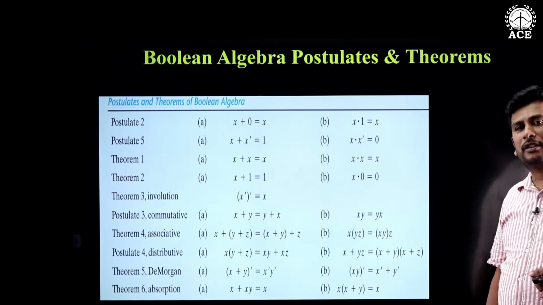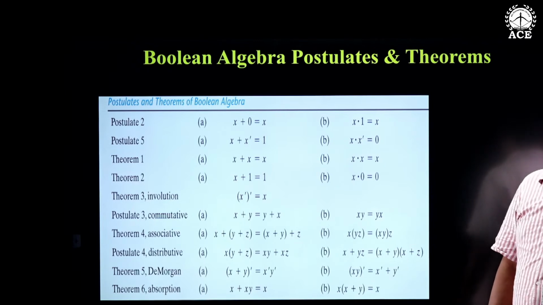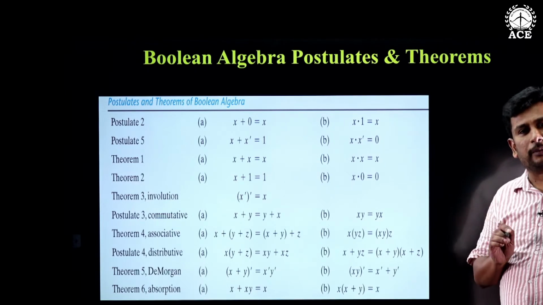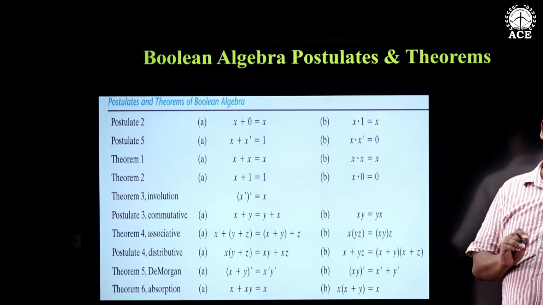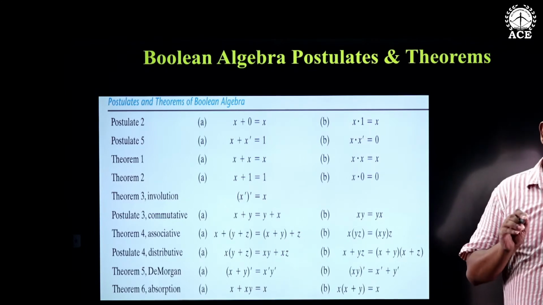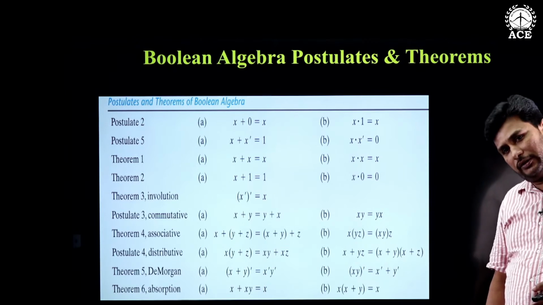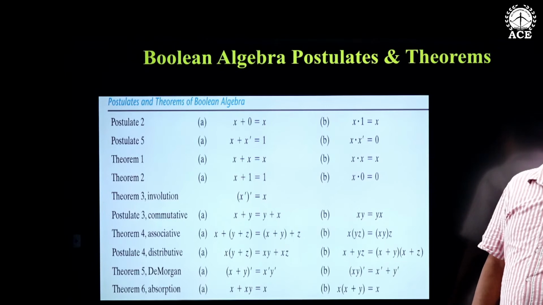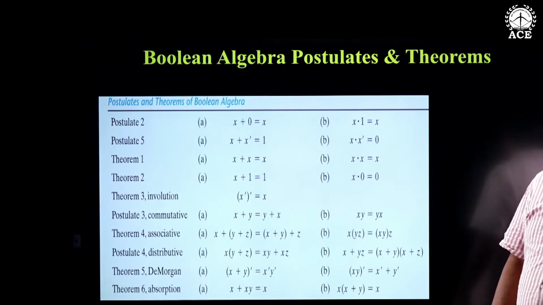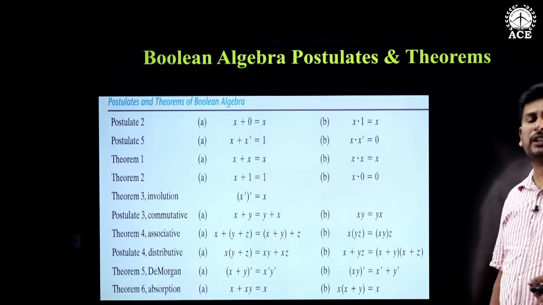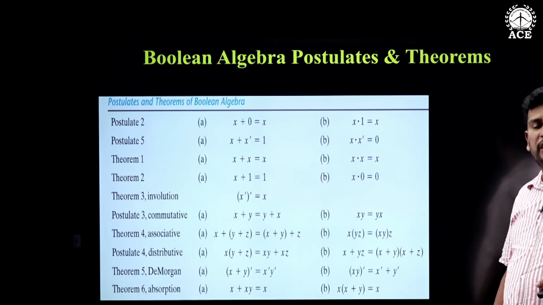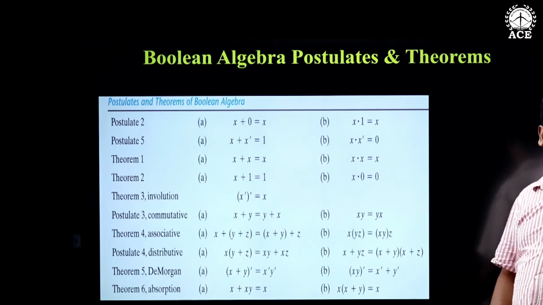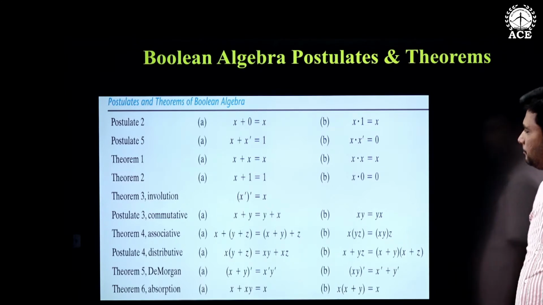Remember, axioms or postulates of Boolean algebra are those which we have to accept without proof, and theorems are based on those postulates. Using these postulates and theorems, we are going to simplify Boolean expressions.